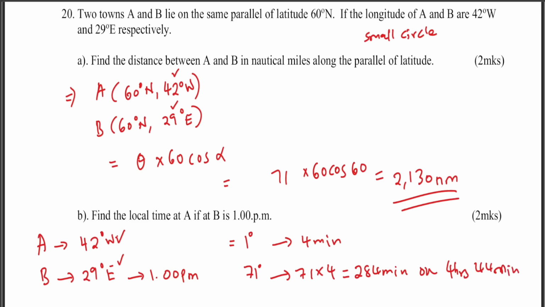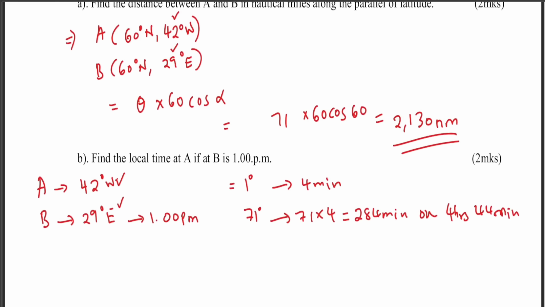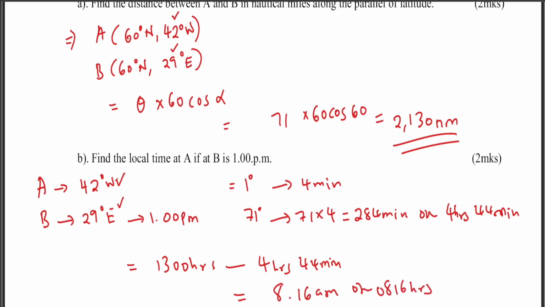But now that's not your final answer. A is behind the time of B. So 1 p.m., or 13:00 hours, minus 4 hours and 44 minutes, gives you 8:16 a.m. Or if you want to write it like this, 08:16 hours is allowed.